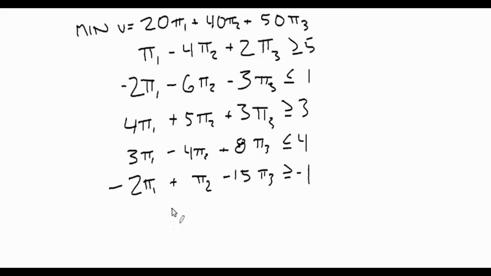And then for sign restrictions, pi sub 1 is, we'll write it UNR for unrestricted. Pi sub 2 is greater than or equal to 0. And pi sub 3 is less than or equal to 0. And that's our full dual problem.